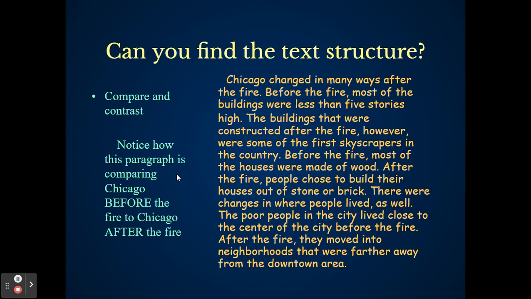All right, so this is a compare and contrast. Notice how this paragraph is comparing Chicago before the fire and then after. Here's those clue words. So before the fire, you could have that. Remember how we used the Venn diagram earlier? So the Venn diagram could be stuff before on the left side, and then over on the right could be after.